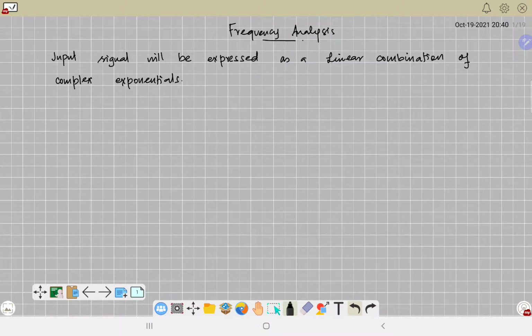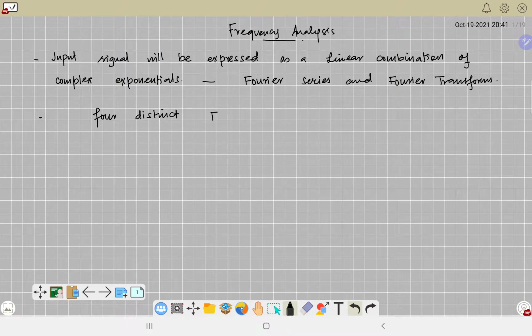And the representation will typically be Fourier series, Fourier transform. We will discuss what is the difference between the two. And there are actually four distinct Fourier representations, and each one is applicable to a different class of signals.